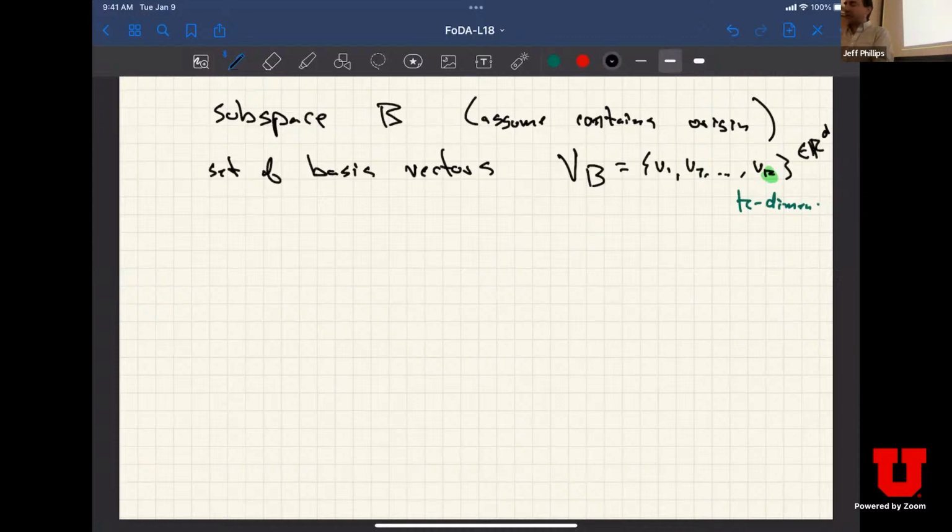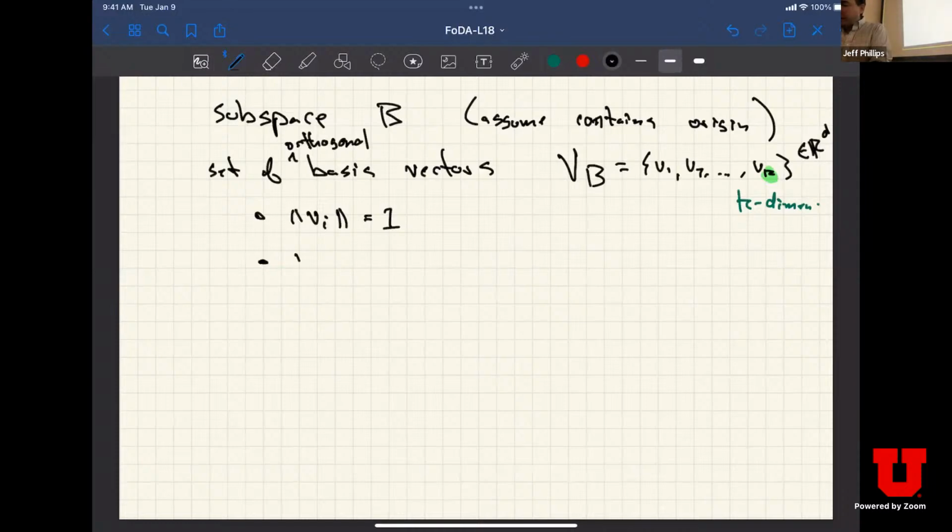They're still full dimensional vectors. Okay, and for this to be basis vectors, in fact, I want them to be orthogonal basis vectors. So first I'm going to have that each VI, the norm is 1, so they're all going to be unit vectors.